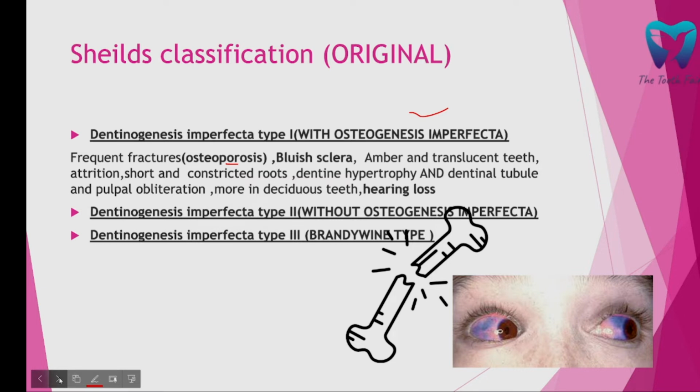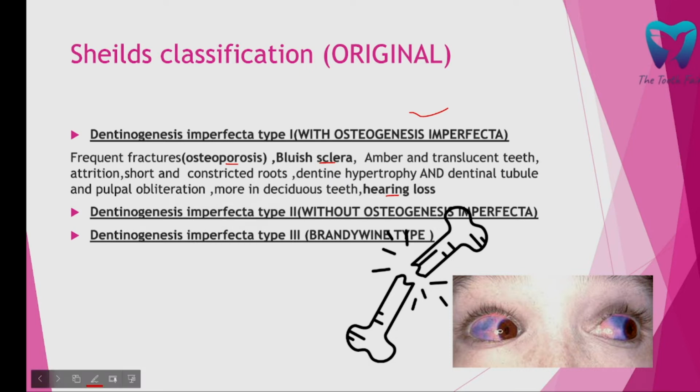They have short and constricted roots. There is going to be a problem with the dentine and pulp, and it is present more in deciduous teeth. There was also hearing loss. So this triad, osteoporosis, bluish sclera, and hearing loss, makes the triad for Lobstein's disease. It's an important question for MCQ exams.